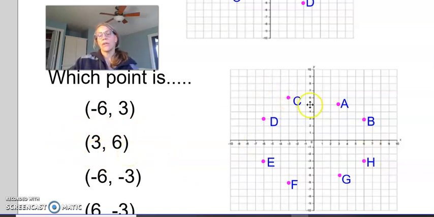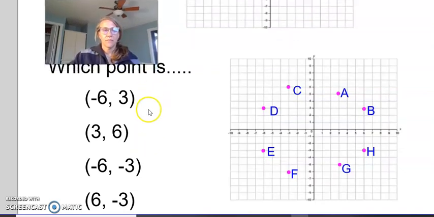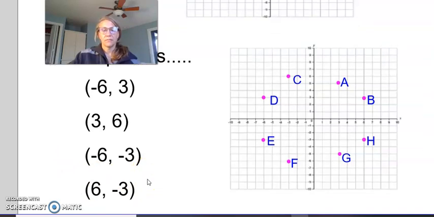Which of these points over here is the point (3, 6)? Next point you're looking for is (-6, -3). The last one you're looking for is the point (6, -3).